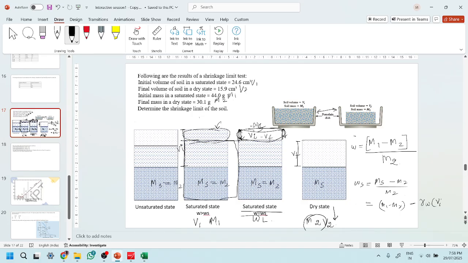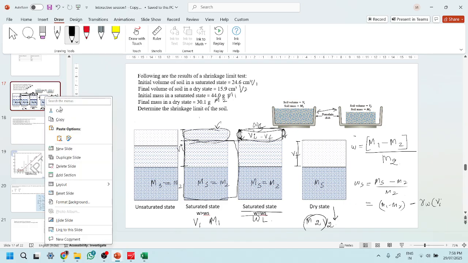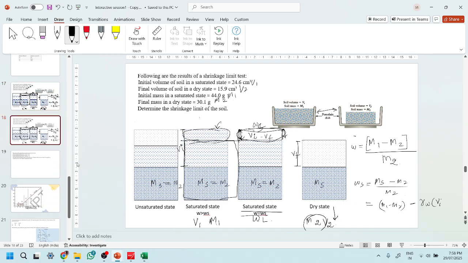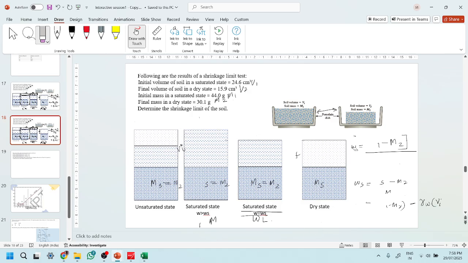Did you follow? Yes, madam. It is nothing but the loss of water from the initial state to the shrinkage limit. Yes, exactly. What we are trying to do with the formula, I'm trying to give you an intuitive idea about the formula.